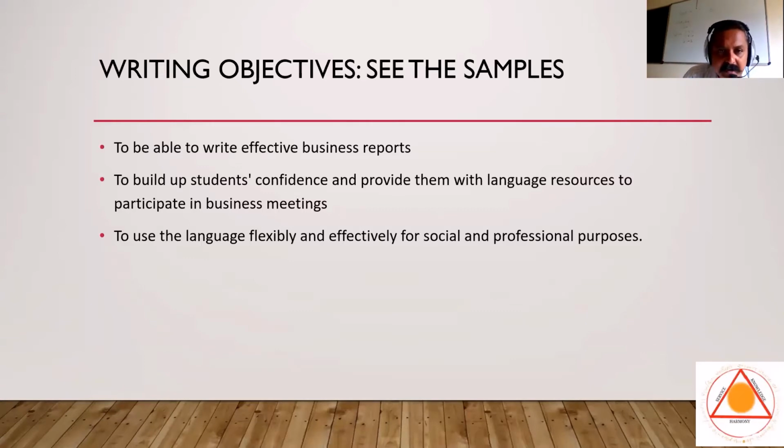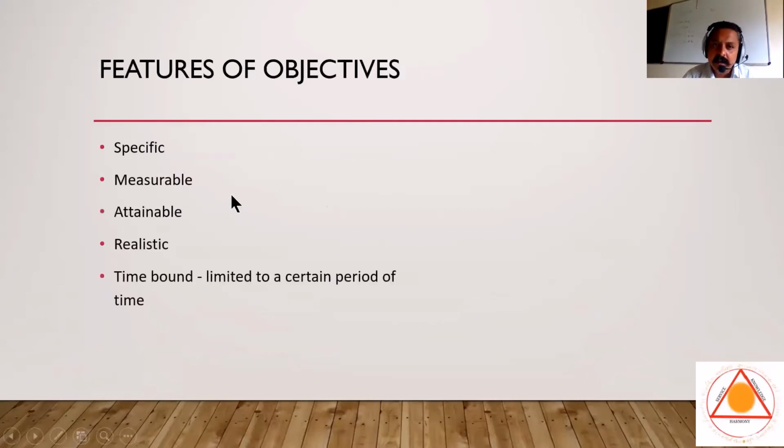Okay, today I have something for you to think of. What are the types of objectives we can see later on? But before that, we have to understand the different features of objectives. By this slide, you have got an understanding that an objective is a specific thing, right?